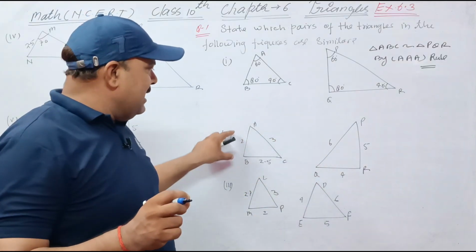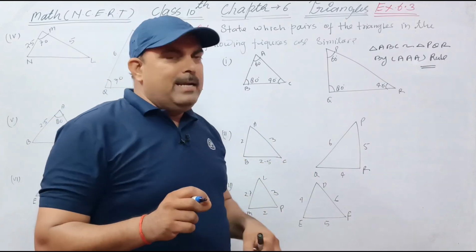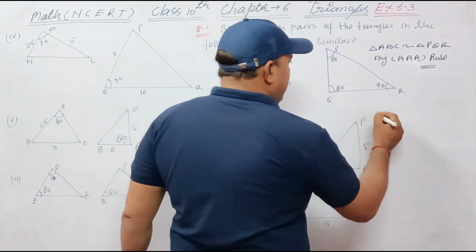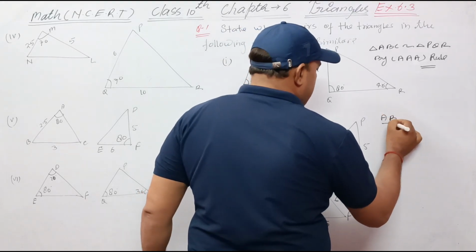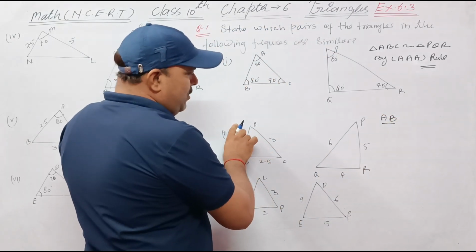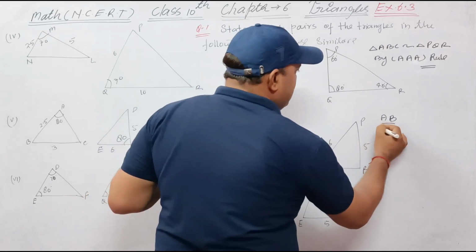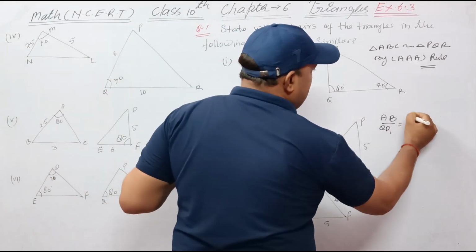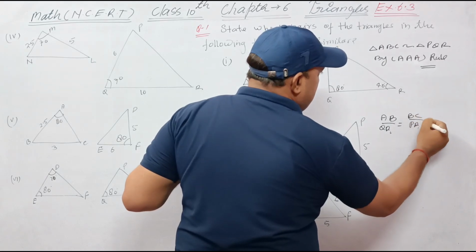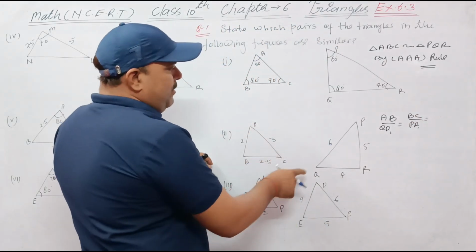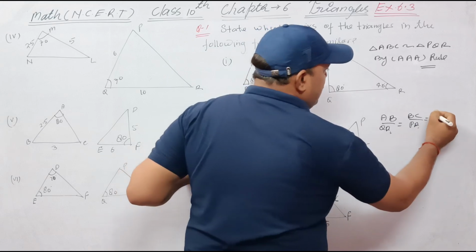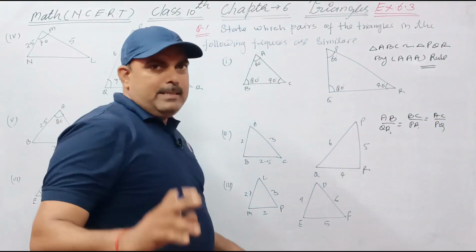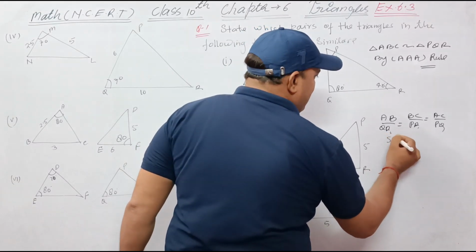That is, all the sides of this triangle to this triangle are proportional, meaning AB upon QR is equal to BC upon PR is equal to AC upon PQ. That is why triple S similarity rule.